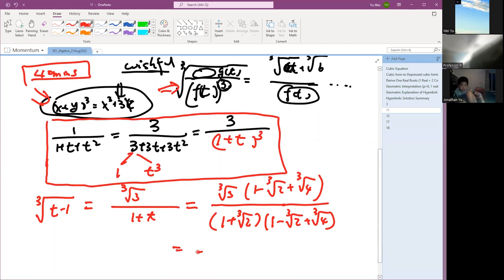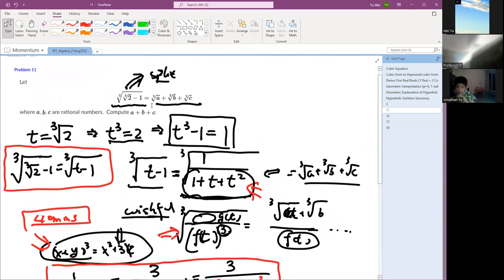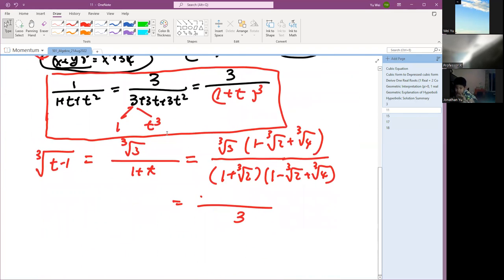What is the denominator now? Is that 3? The denominator, 3. Okay. Did you get it? Do you guys get this format?